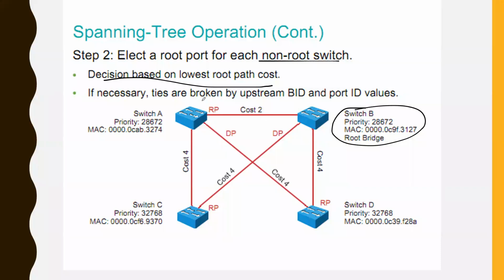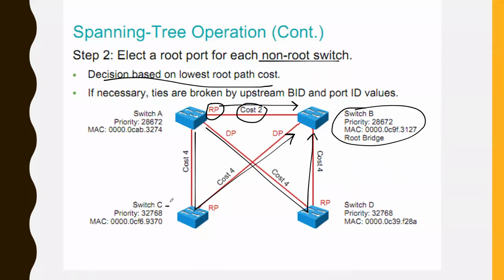On this switch A, we have 3 different ports. Out of these 3, let's say this link is costing 4. So 4 plus 4 is 8. 4 plus 4, this is 8. This one is costing 2, which is lowest. So this port becomes the root port on switch A.